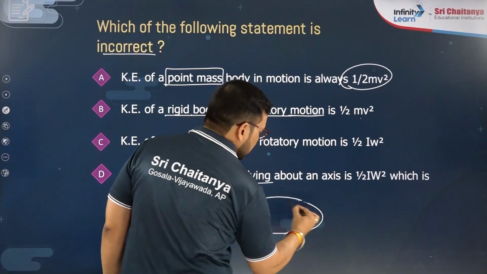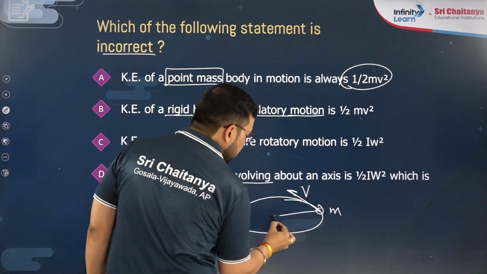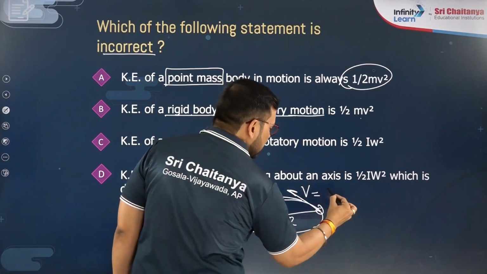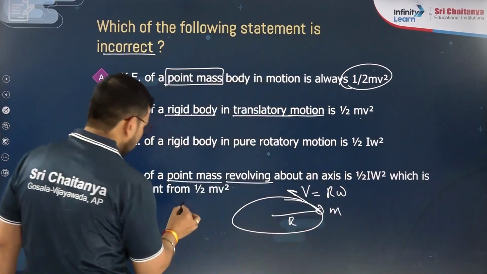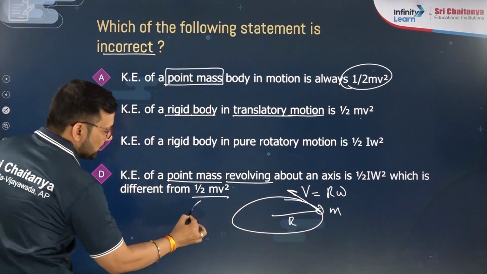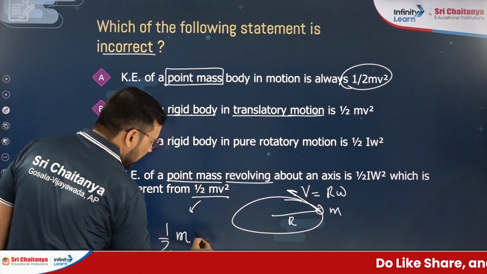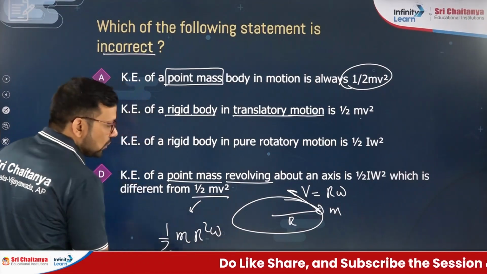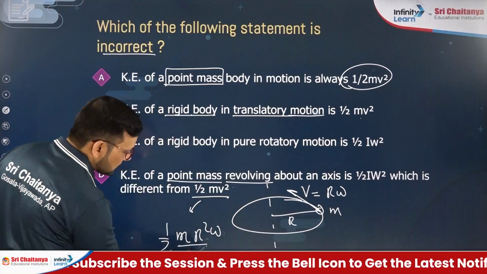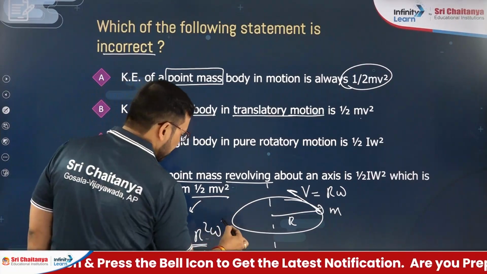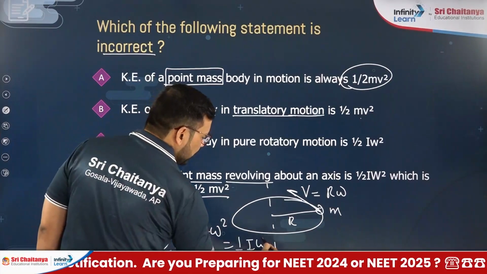See, in circular motion the particle moves with some velocity v, and that v will be r omega. If I write half mv square, I put v as r omega, giving half m r square omega square. For this particle, m r square is the moment of inertia from the center axis, and then omega square will be there.